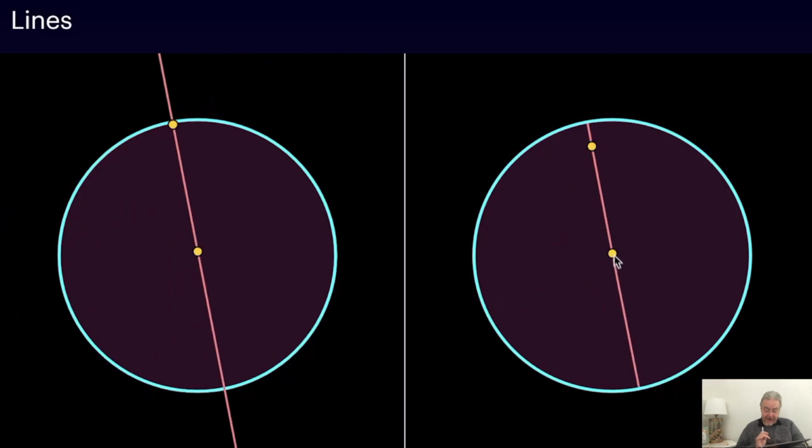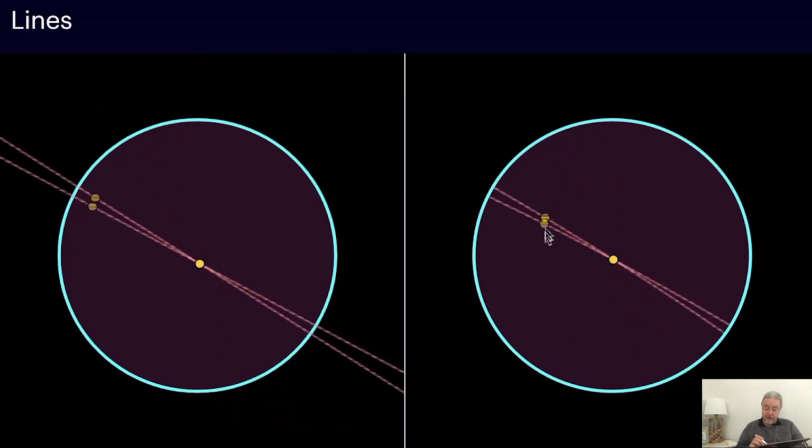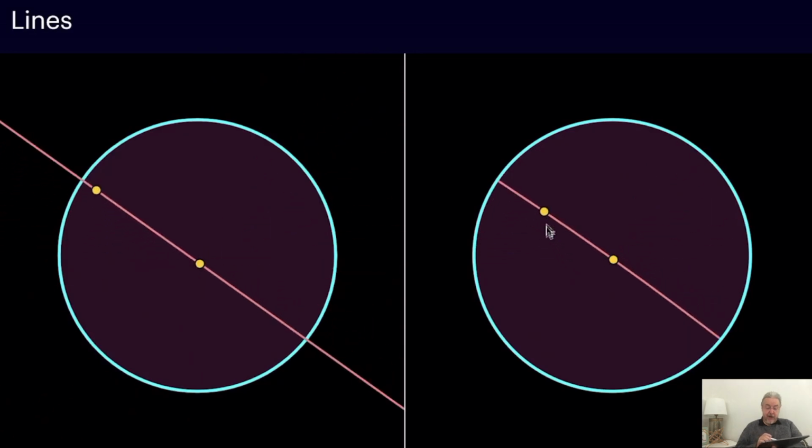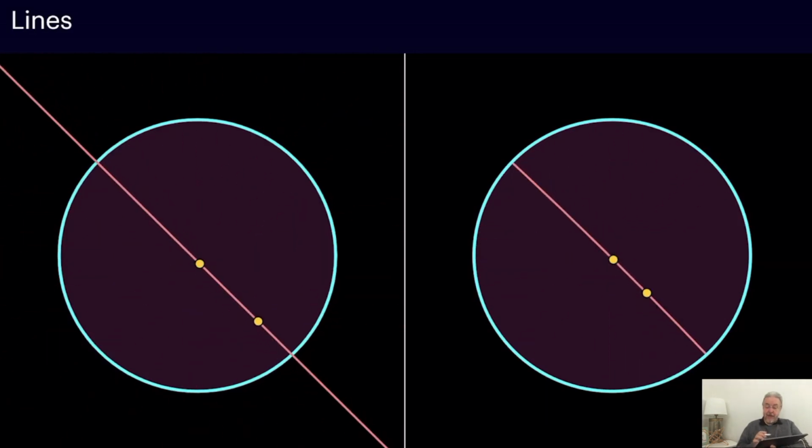So let me, as a second thing, do what I just said and move one of those points to the center of the circle. And what you see is that in this case, those two models really agree with each other. So a line in the Beltrami Klein model will be just the corresponding line segment in the Poincare model.